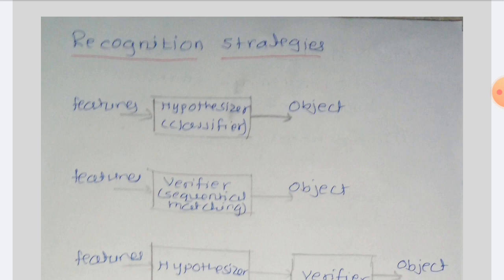As we see in the diagram, only the hypothesizer or the classifier is used, the features are given to that hypothesizer, and directly the output is a particular object.